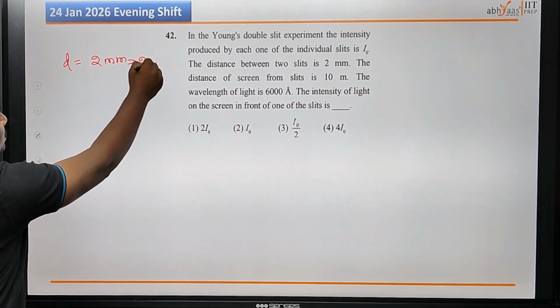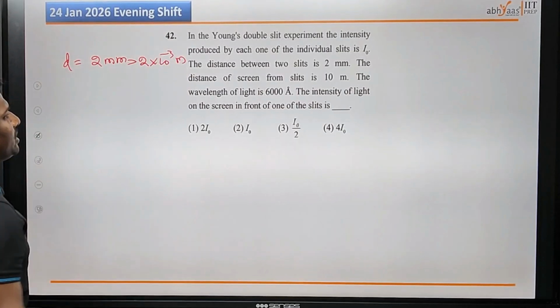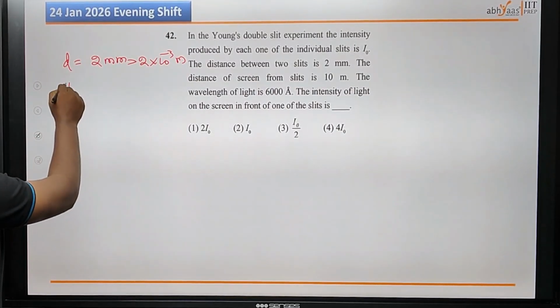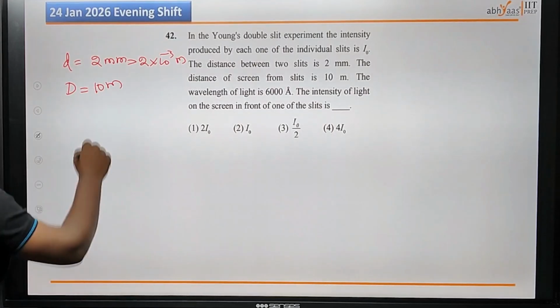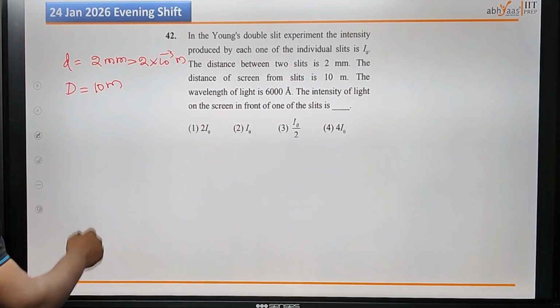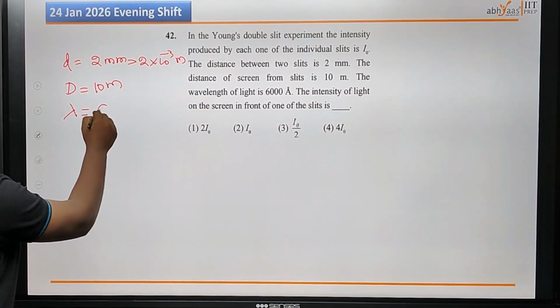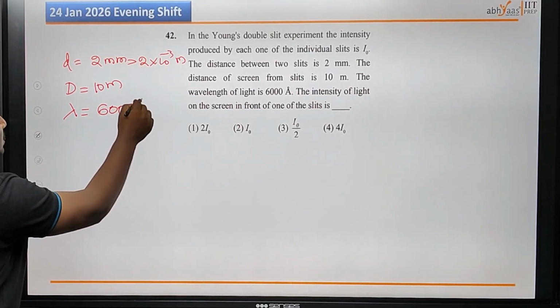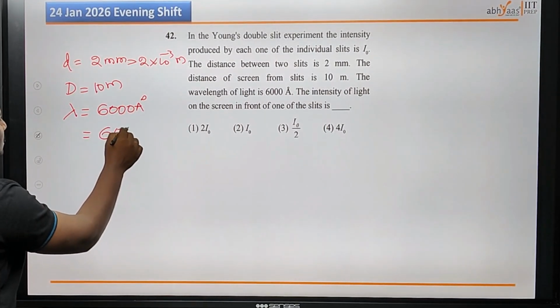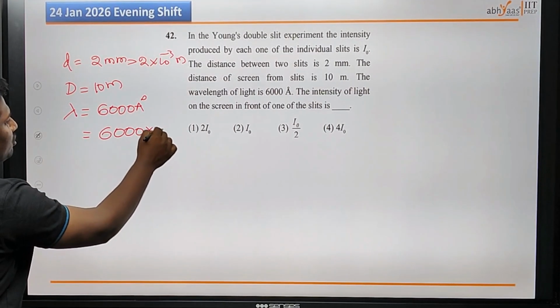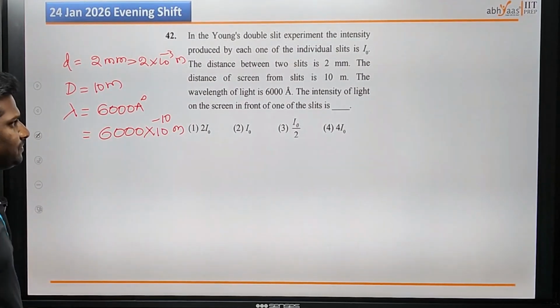That is nothing but 2 into 10 to the power minus 3 meter. The distance of the screen from the slit, capital D, is nothing but 10 meter. The wavelength of light, lambda, can be 6,000 angstroms. This can be written as 6,000 into 10 to the power minus 10 meter.